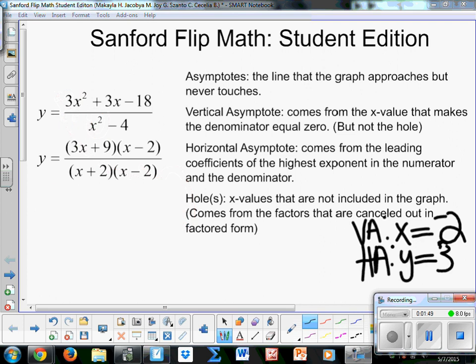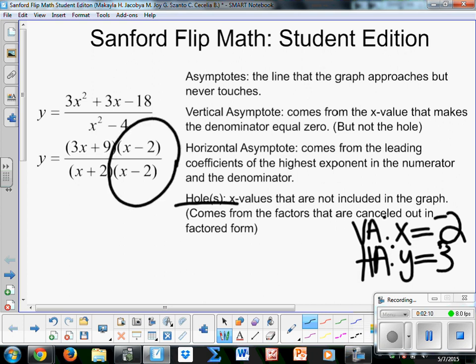For the next part in solving this function, we're going to work on the holes. The holes are the x values that are not included in the graph, and they come from the factors that are canceled out in factored form. In order to cancel out a factor, there has to be the same factor in the numerator and the denominator, and we see that here with the x minus 2.